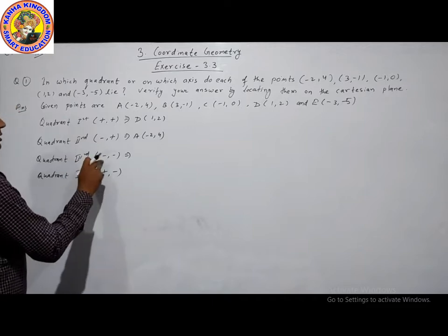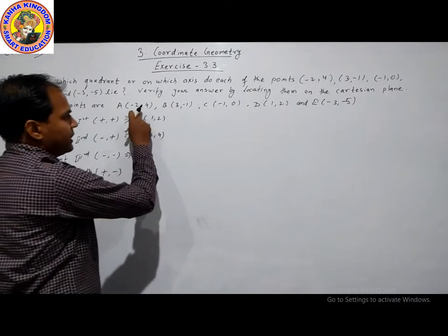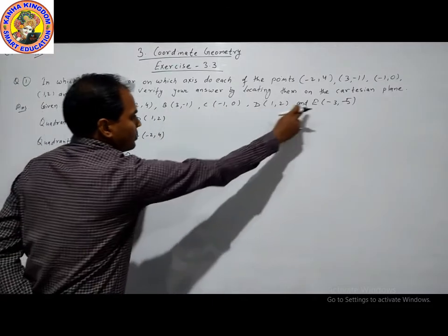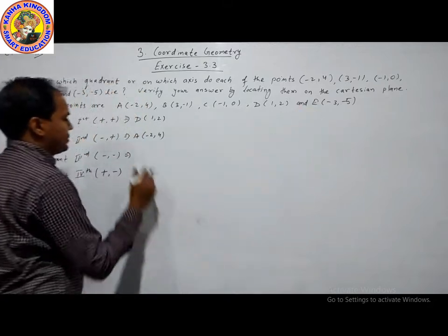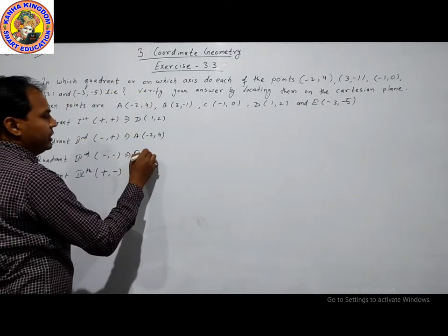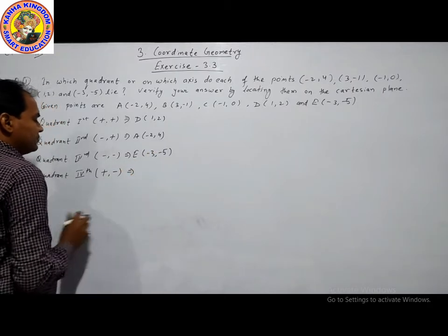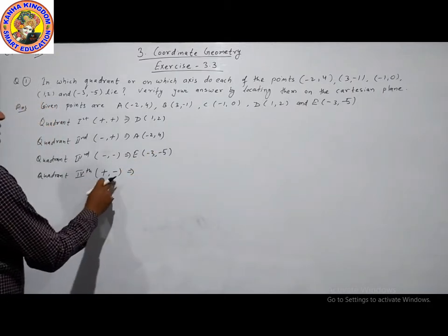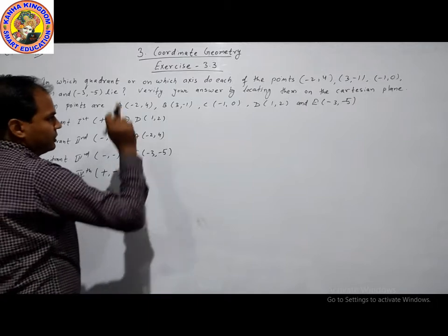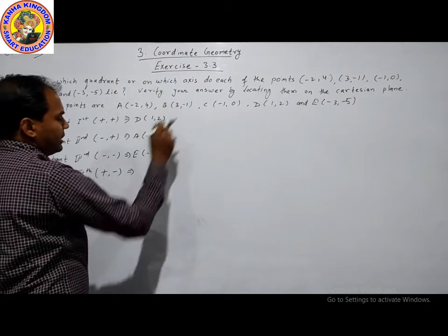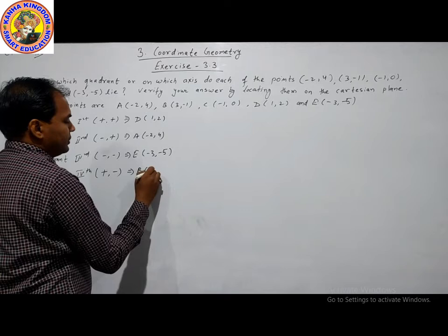Now in the third, both are minus, yes, both are minus. So point E (-3, -5). Now in the fourth, plus minus, point B.